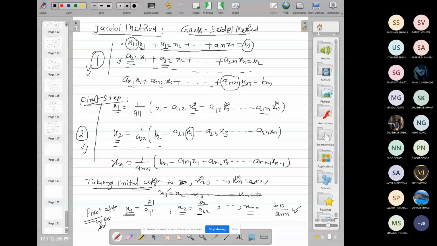And first we put x2 to xn 0 and then we obtain x1. So here we will use this x11. Suppose this is x11 first approximation, x21 and xn1 first approximation. So here x1 and these will be 0, 0th approximation. So then we obtain x2, and then in this way here we will use x11, x21 and x1.